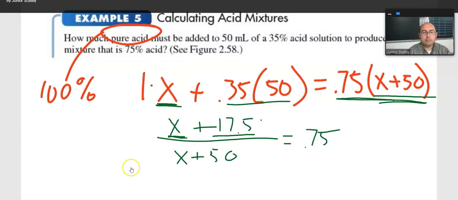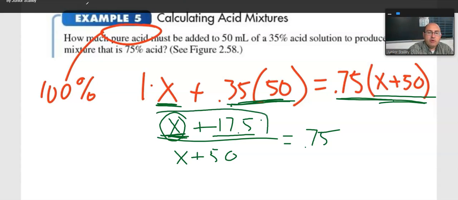Now, this is another way to do it. I don't like this version, but this is what the book says. They took the total amount of acid from this particular part of the solution, and then the 35% of the 50, that's 17.5.